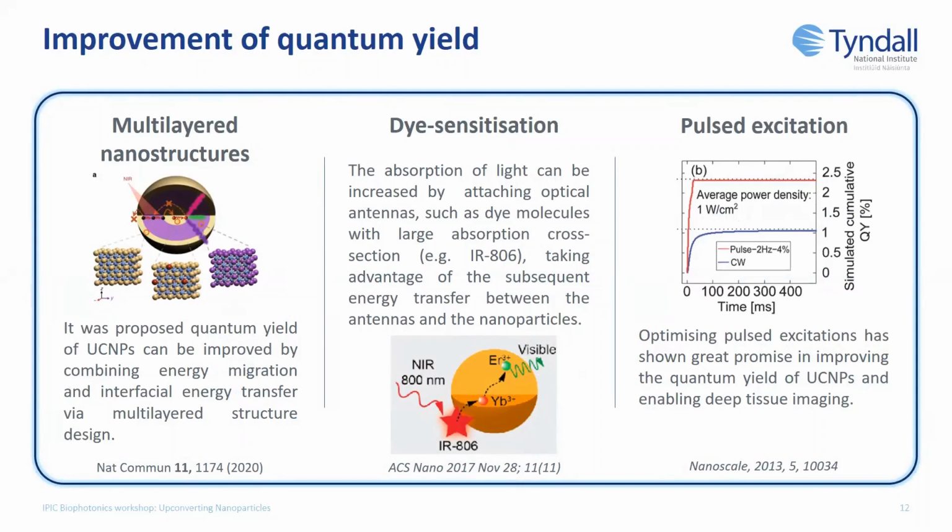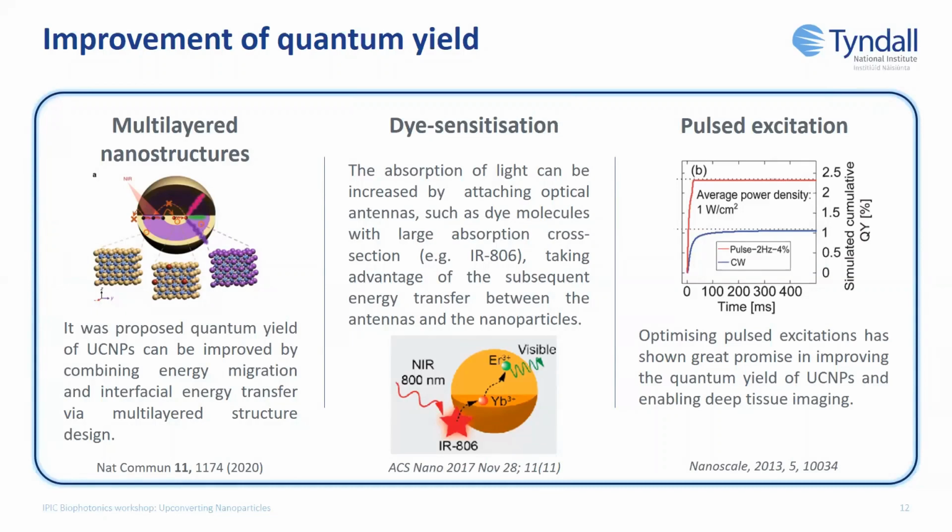We could also surround our nanoparticles with absorption dyes. Absorption dyes typically have a larger absorption cross-section, and the energy absorbed by the dye can be transferred to our lanthanide ions, and subsequently increase the quantum yield of the upconversion process.